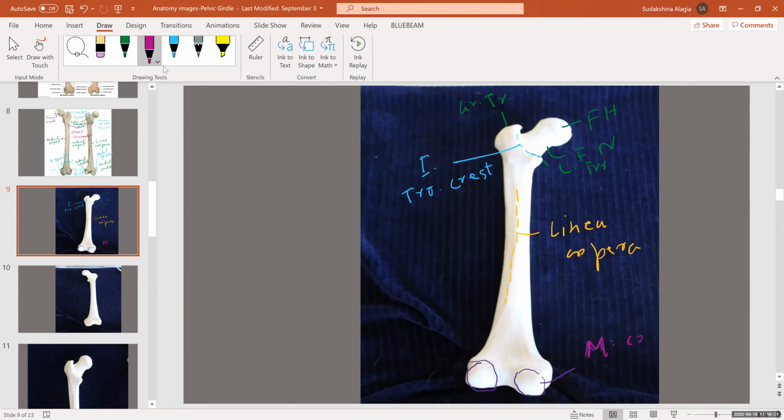Medial condyle, lateral condyle, medial epicondyle, lateral epicondyle.